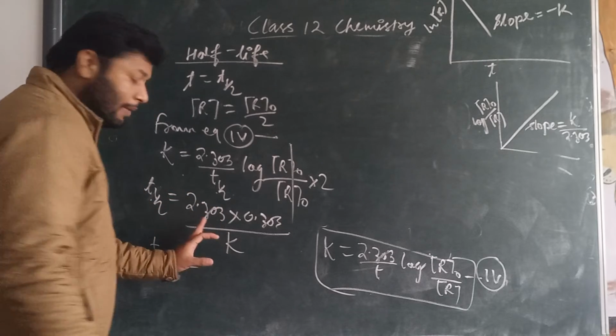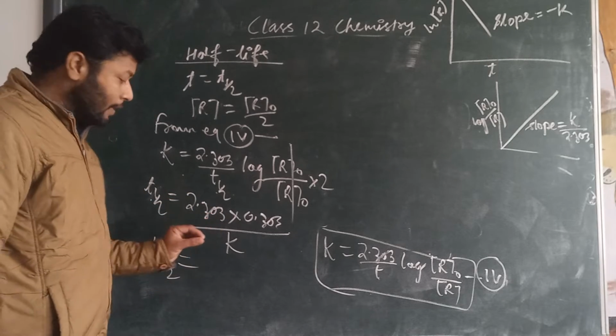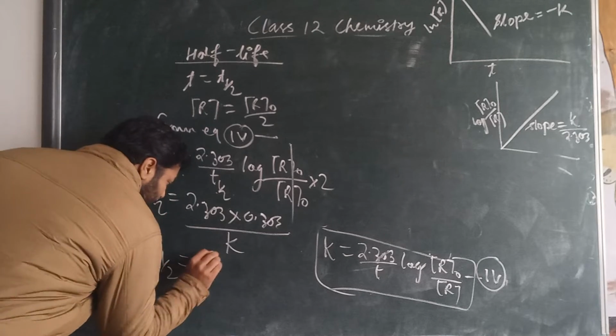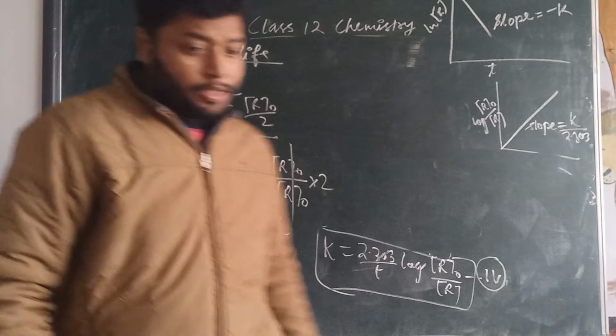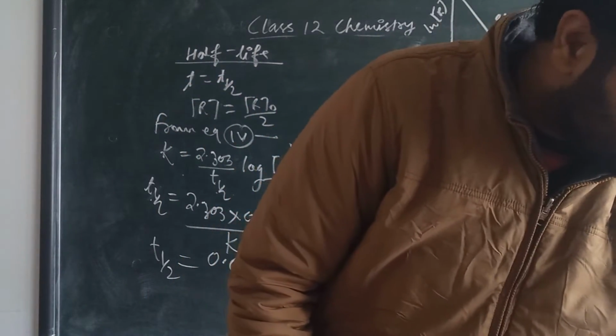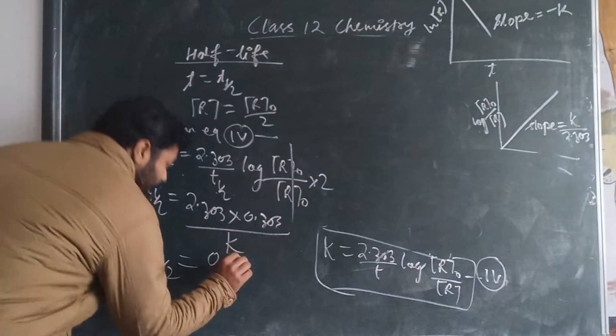Some exact value will come, I think some 0.6. The exact value is actually 0.693.